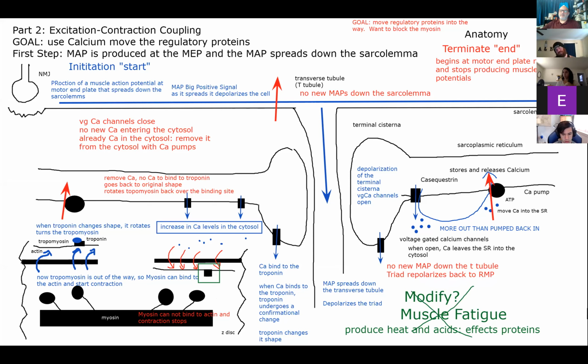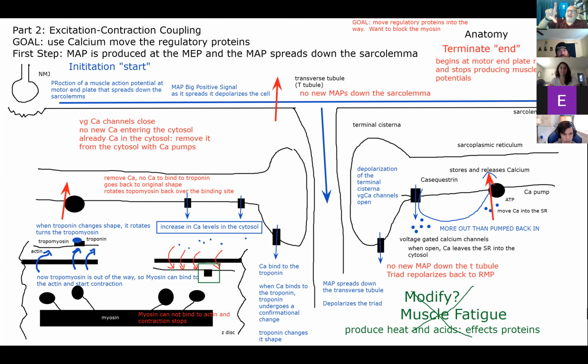So again, if you think about it so far, we now have 5 essay questions you're responsible for. Initiation of communication at the neuromuscular junction, termination of communication at the neuromuscular junction, modification. And for modification, I won't say how do you modify communication at the neuromuscular junction. I'd probably do something like how does tetanus, or how does curare, or if we made this change, how would it affect it?